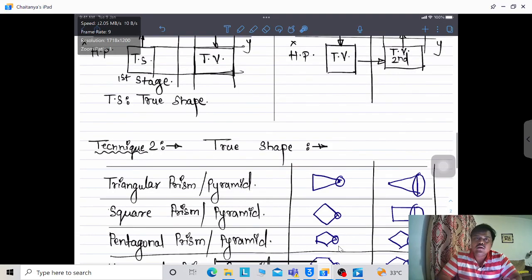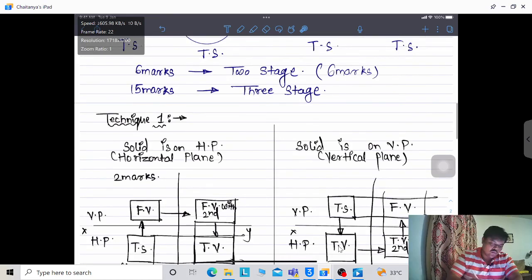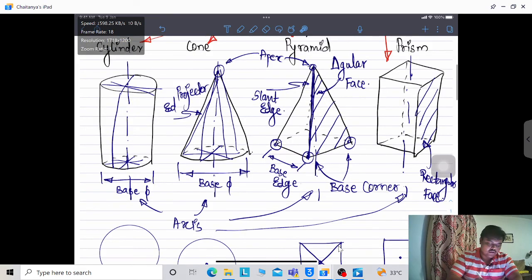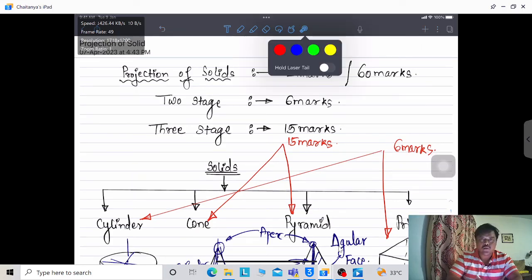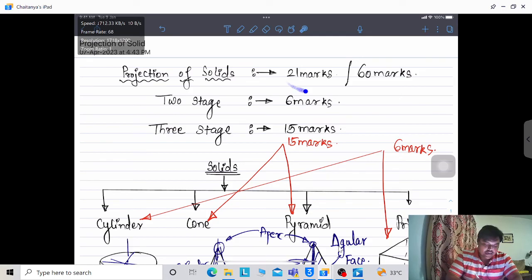I've shown you the simple part, that is the weightage of projection of solids. Okay, in this part we are only concerned with the basics of the 6 marks, that is two stage. Okay, I've also said you that cylinder and prism comes for 6 marks, and cone and pyramid this comes for 15 marks.